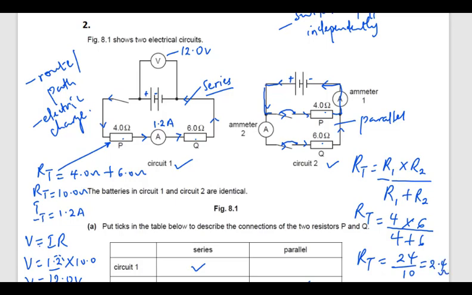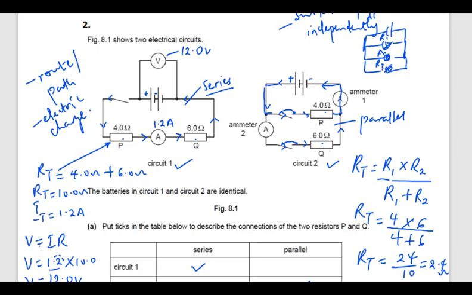Okay, let me say that again. Anytime we have a parallel connection and you want to find the combined resistance, let's say we have this simple circuit, and each of these lamps has resistance R1, R2, and R3.